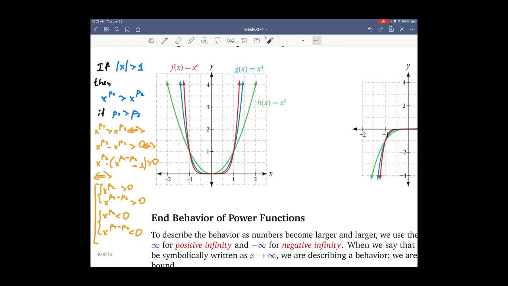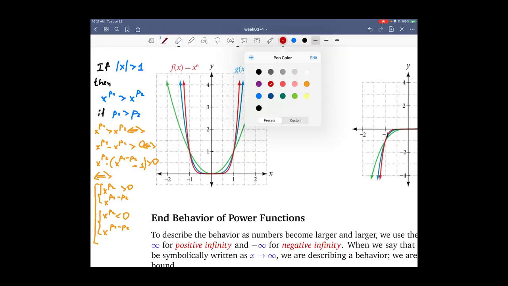Well, because p2 is even, x to the power p2, x to an even power, is never less than 0, so that system is inconsistent. I made a mistake here. It should be x to the power p1 minus p2 minus 1 greater than 0 and x to the power p2 greater than 0.